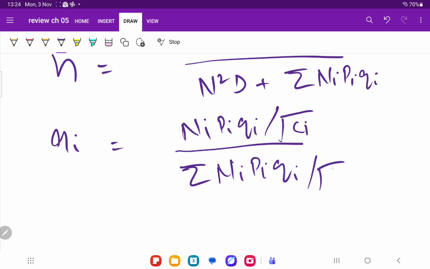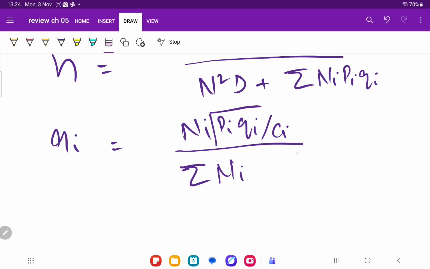Yes, it is square root here as well. Square root of pi qi over ci, so that is ci.